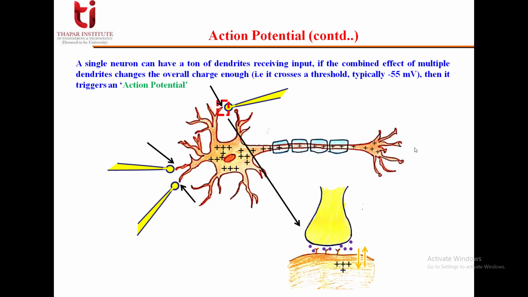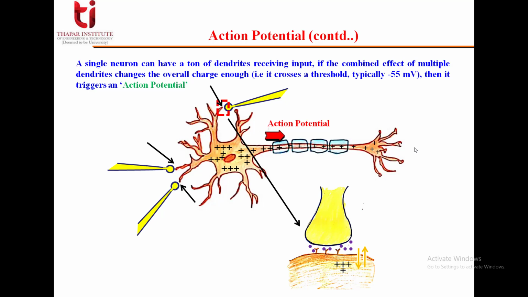You can see that when signals are coming on the dendrites, a lot of charge is produced, mainly positive charge inside, that raises the resting potential to the more positive side, from minus 70 to minus 55, and then it triggers an action potential.